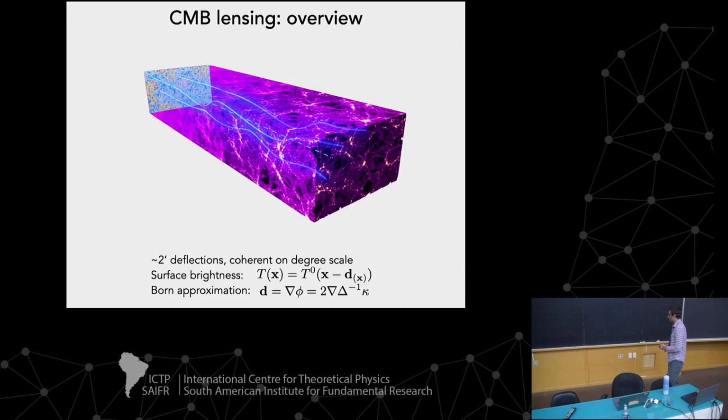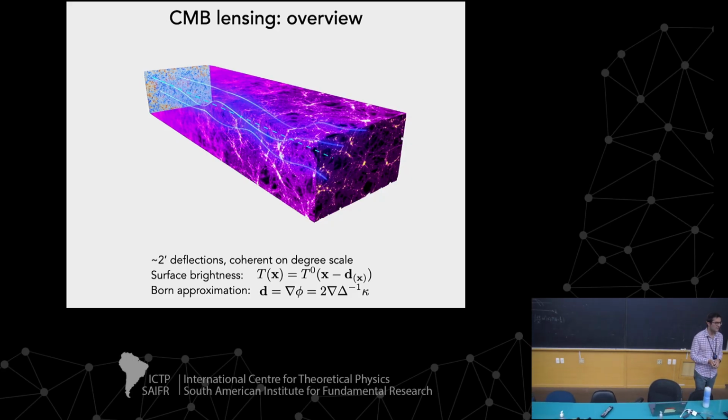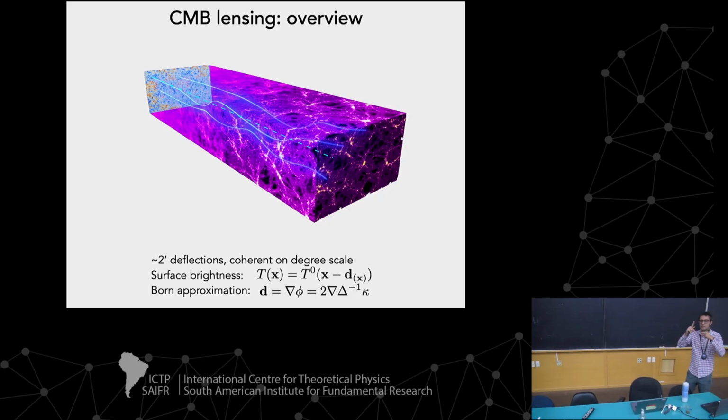In the simplest approximation, which is a very good approximation for CMB lensing, this deflection field, a 2D vector field on the sphere, is entirely determined by one scalar function. It's a perfect gradient of a scalar function, the lensing potential, or equivalently, the lensing convergence. If you tell me the lensing potential, I can tell you the convergence and the deflection field. If you tell me the convergence, I can tell you the others. Everything is determined by just one scalar function in CMB lensing.